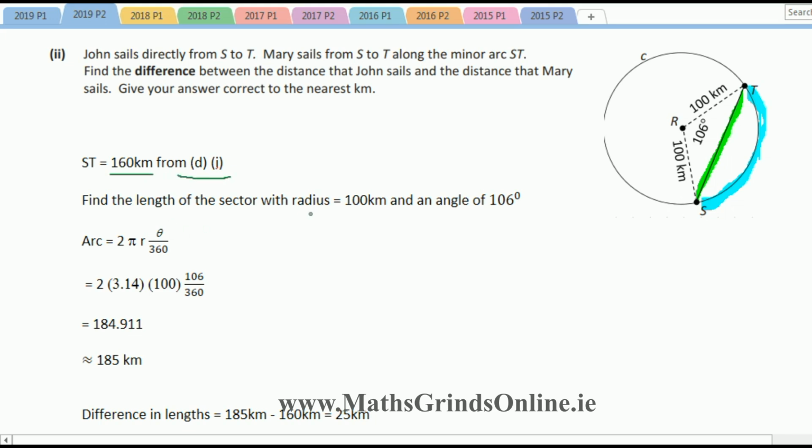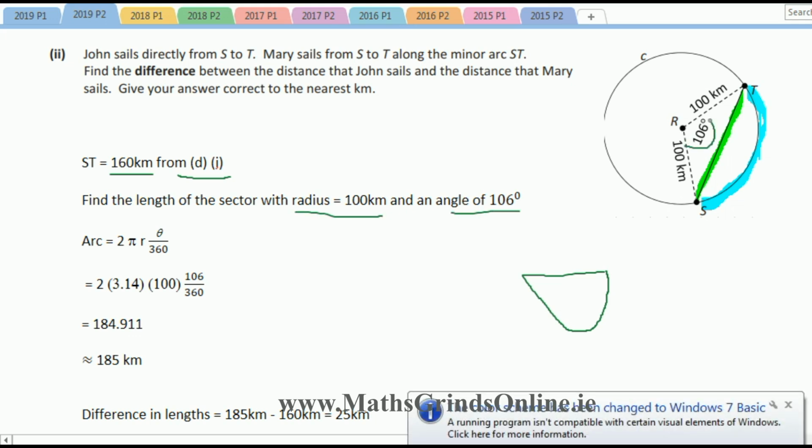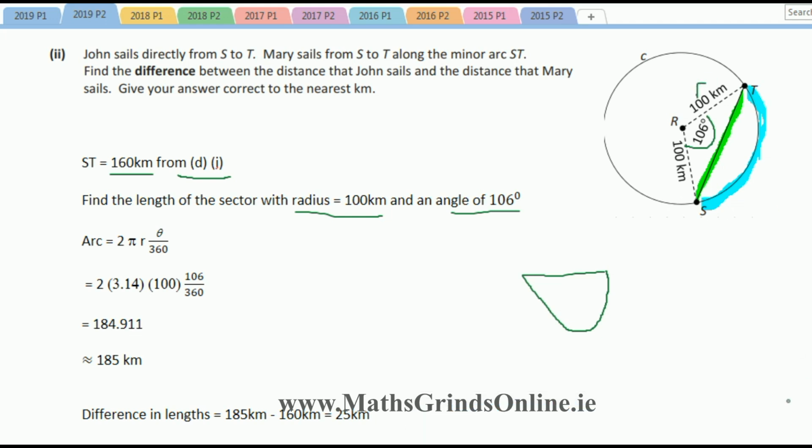So we need to find the length of the arc of the sector of a circle, and we see it down here. The sector has radius 100 kilometers and an angle of 106 degrees. That's just representing our angle there and our radius of 100 kilometers. So the arc is equal to 2 pi r times theta over 360 degrees. That's the length of the arc.